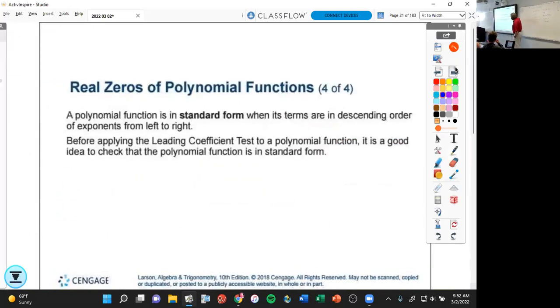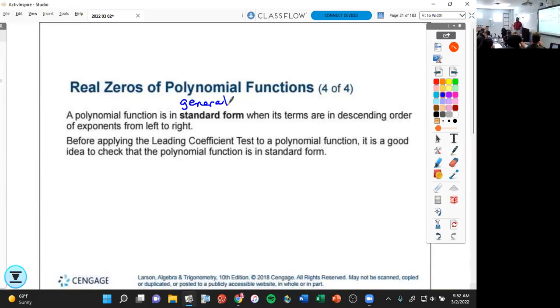Okay. A polynomial function is in standard form when its terms are in descending order of exponents from left to right. I get confused with their use of the terms general form and standard form.